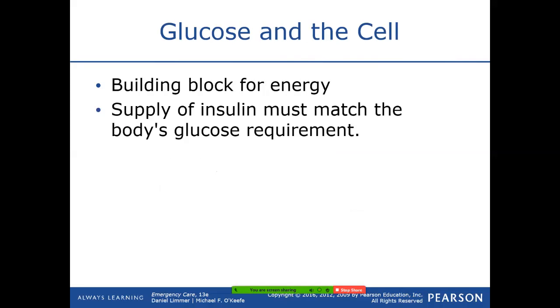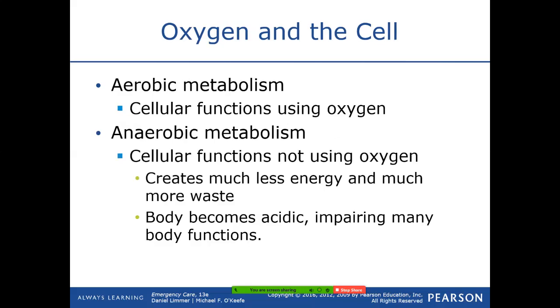Okay, glucose in the cell. Glucose is considered the building block for energy. We need a supply of insulin, and it must match the body's glucose requirement. So when we get to the altered mental status and diabetic section later on, we'll talk more about glucose and how insulin works in the body.